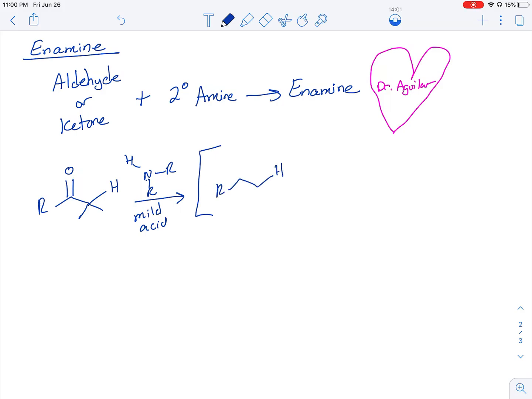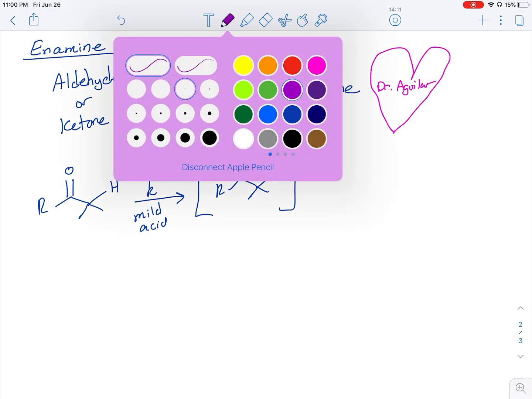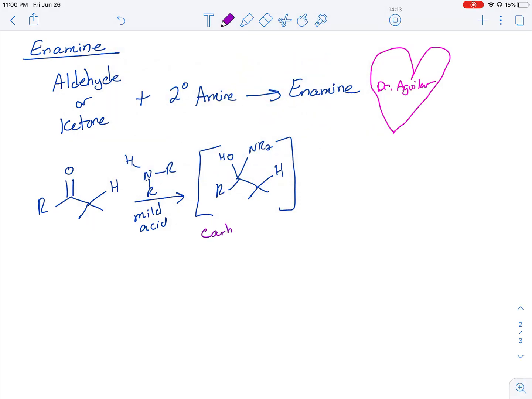The general mechanism is very similar. A lot of the steps are going to be the same here. So we end up generating this carbonyl amine. But the difference is that we don't end up forming an imine, but we form an enamine.